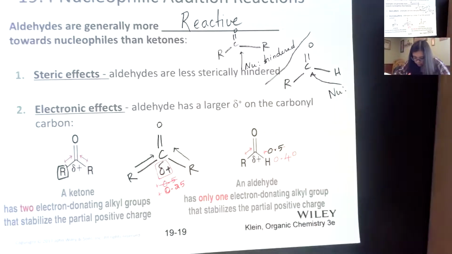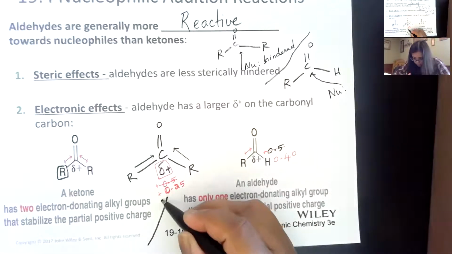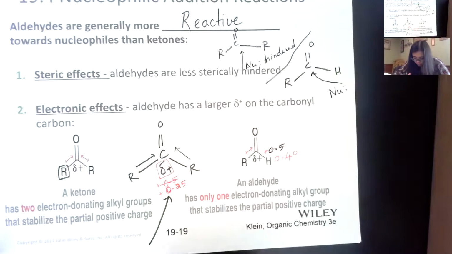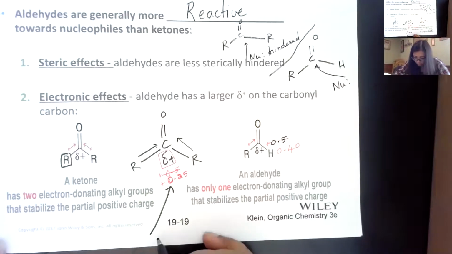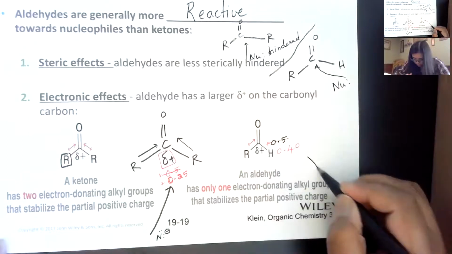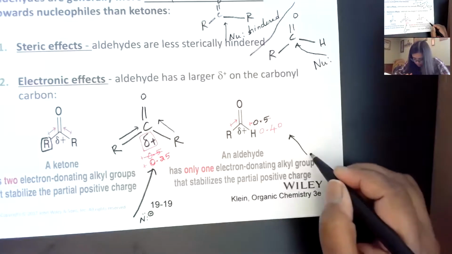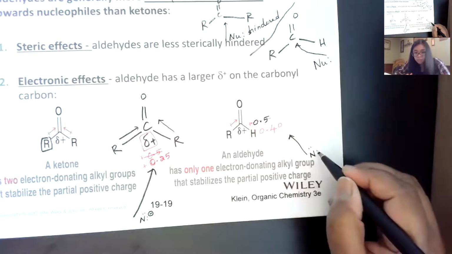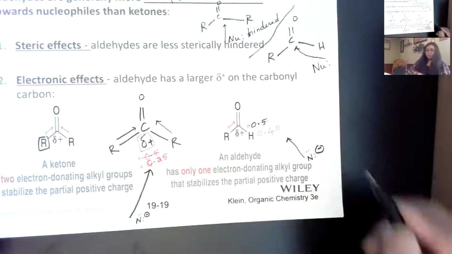Now think about this. The same nucleophile is coming from both sides. Let's say this is a nitrogen nucleophile. Let's not worry about what the actual structure of that nitrogen nucleophile is. It's coming in.